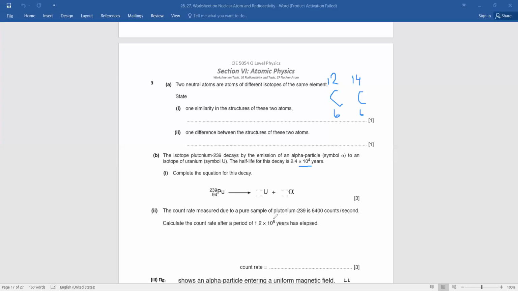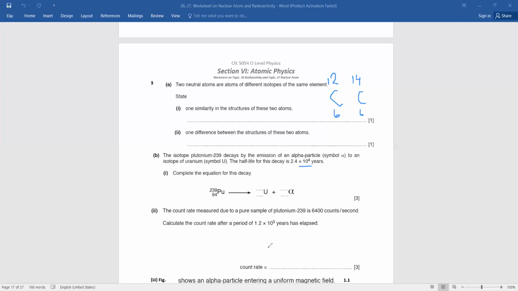Sir, 5 or 4? Yeah, 1.2 into 10 to the power 5. You can write as 12 into 10 to the power 4.